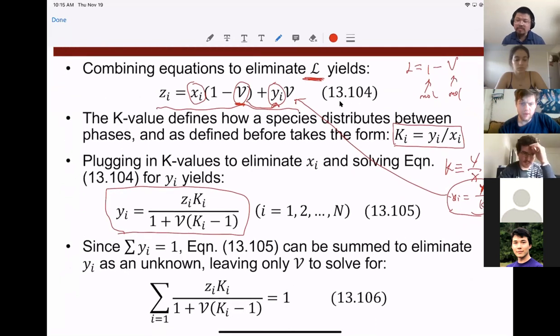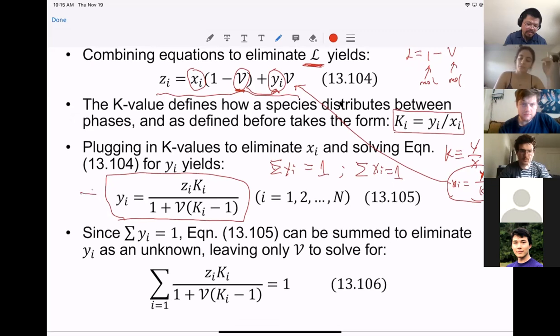So now when you have this Yi value, and we understand that the summation of all those Y components shall be 1. Similarly, if you try to add up all those Xi values, this will always be 1. So this is why now we are able to express all the components in the vapor phase by the corresponding number of moles of the vapor, those Ki values, and hopefully the Zi value.